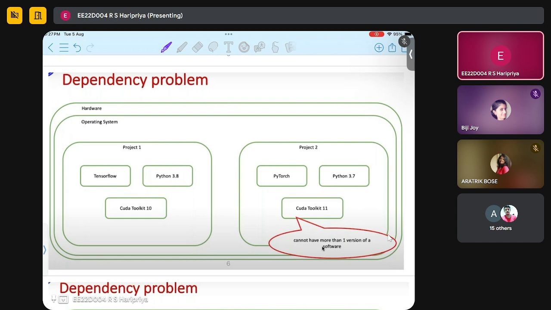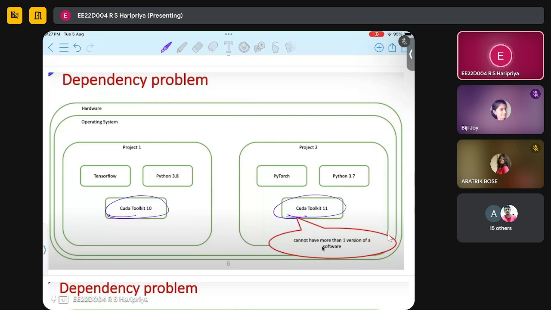So if a person installs everything on one operating system, then how will we have different versions? Let's say one person wants CUDA toolkit 11 and the other project team requires 10.